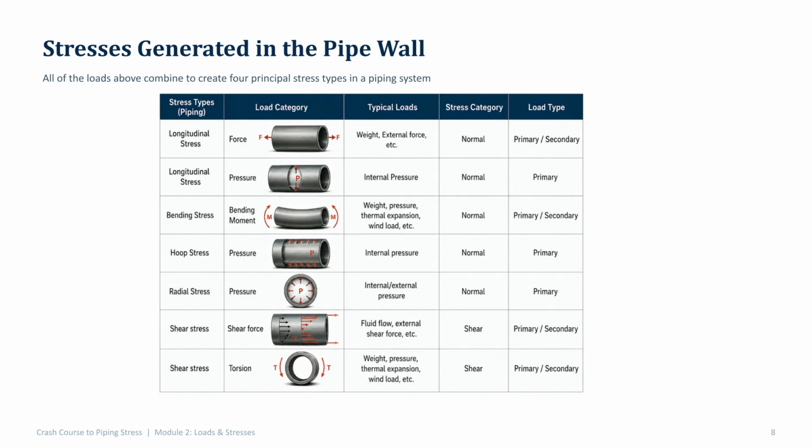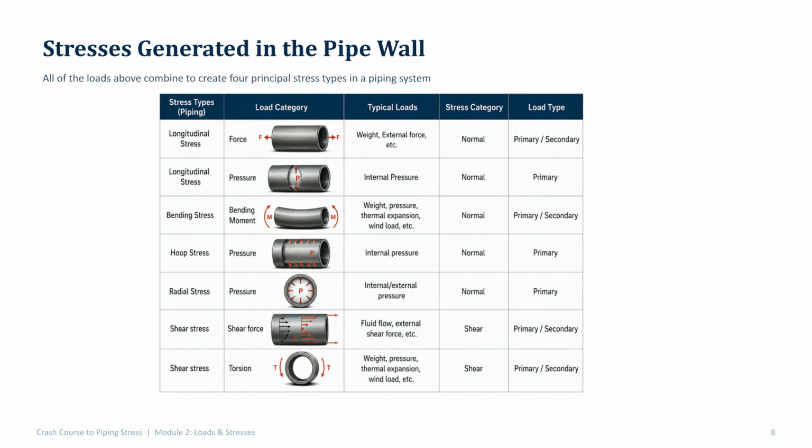Hoop stress and radial stress both come primarily from pressure, whether that's pressure from inside the pipe or, less commonly, from outside. Shear stress can come from a transverse force, something pushing sideways against the flow direction, or from torsion, a twisting action. And again, this can trace back to weight, pressure, thermal expansion, or wind.